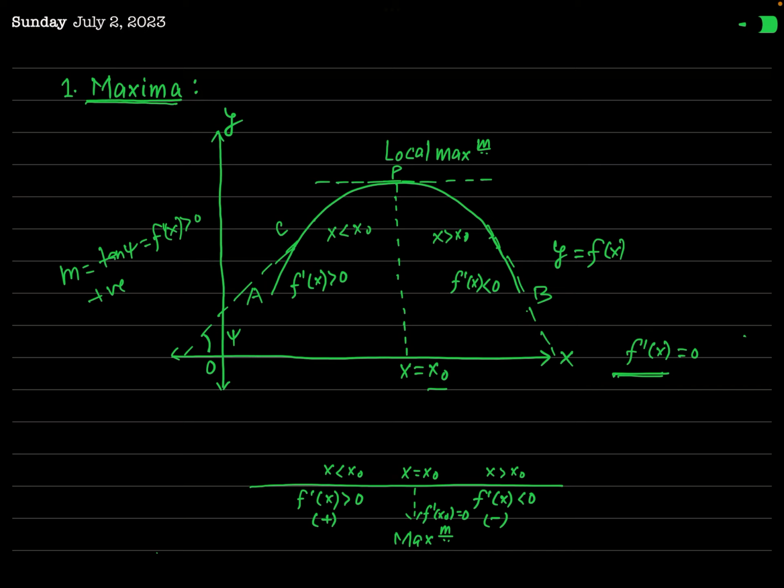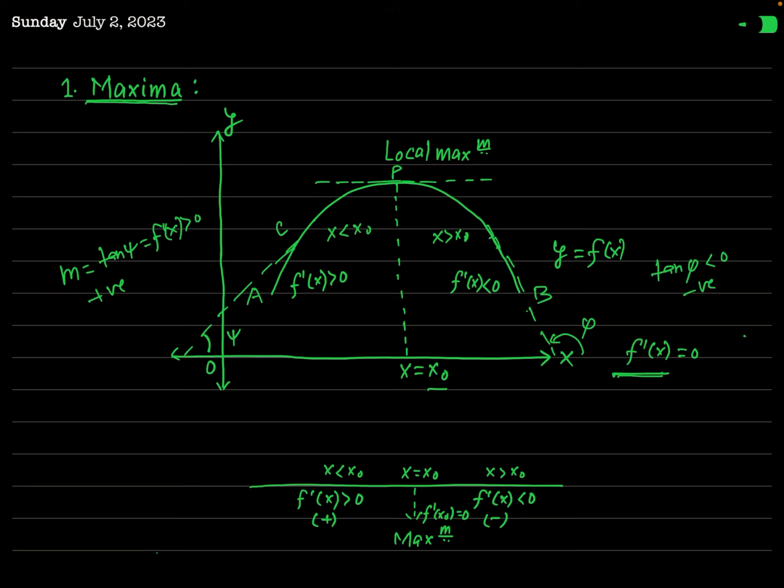This tangent will make an angle phi with the positive x-axis, and as phi is greater than 90 degrees, tan phi will be less than 0, that is negative.